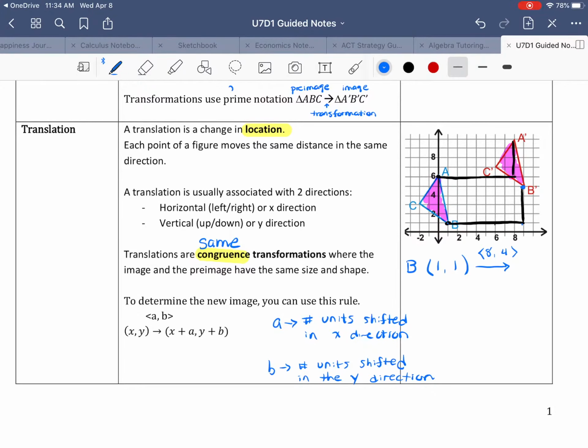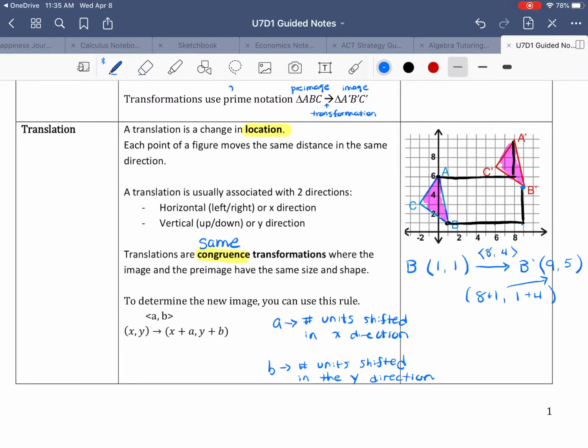We get this new coordinate point, B prime, which is at 9, 5. And we got that by doing 8 plus 1, 1 plus 4. All right, so that's how we can use our transformation rule to figure out all of our coordinate points.